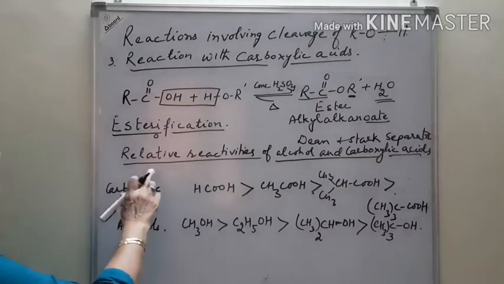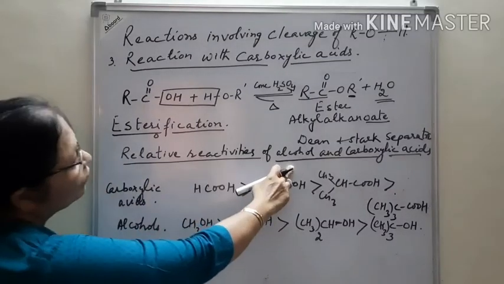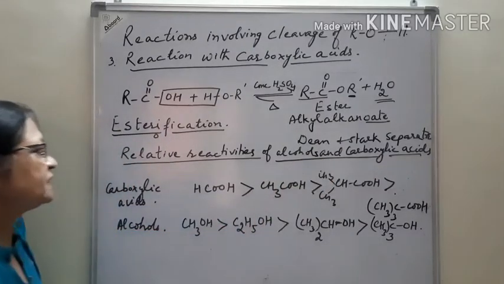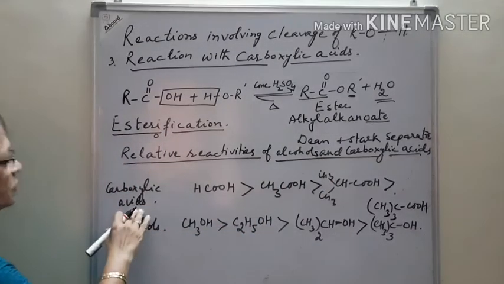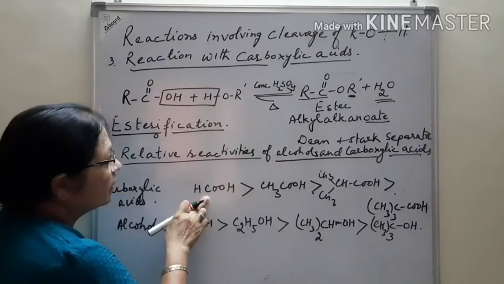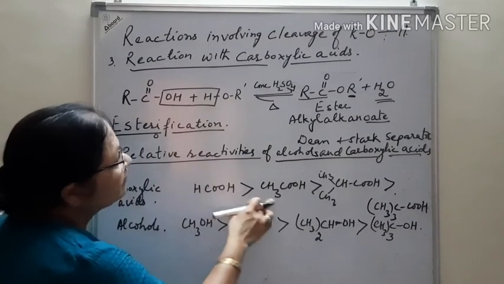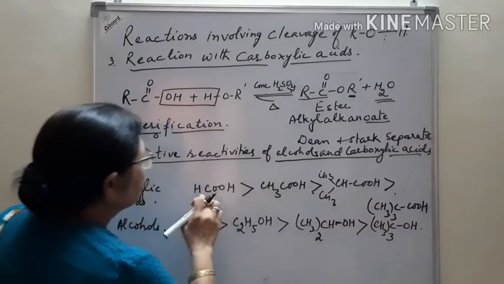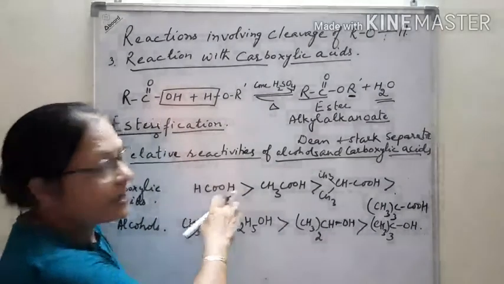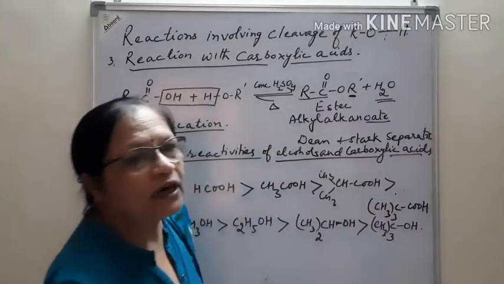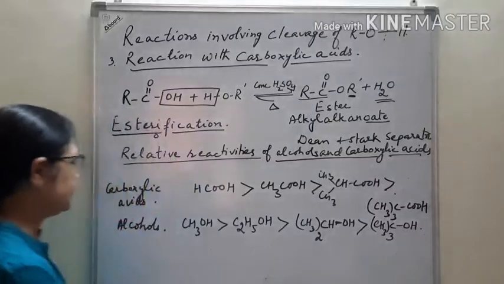Next we will discuss the relative reactivities of alcohols and carboxylic acids. In the case of carboxylic acids, the smaller the alkyl group, the more easily it will react. It means formic acid reacts faster as compared to acetic acid and as compared to isobutyric acid.